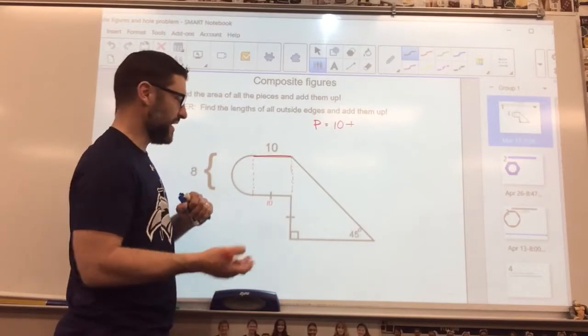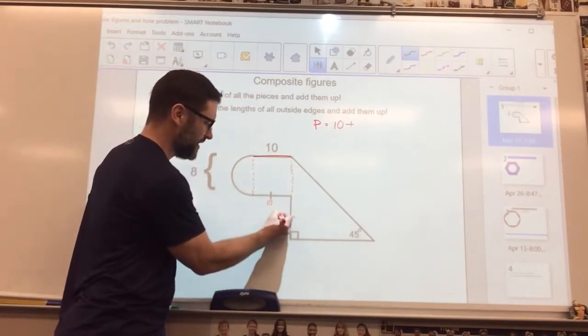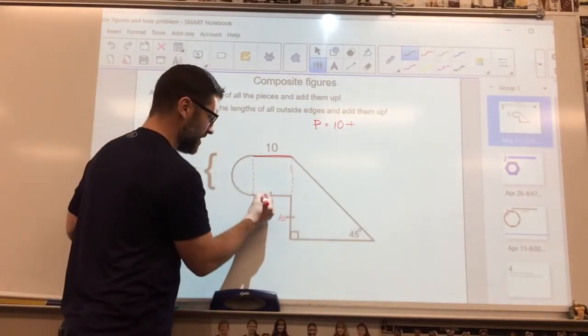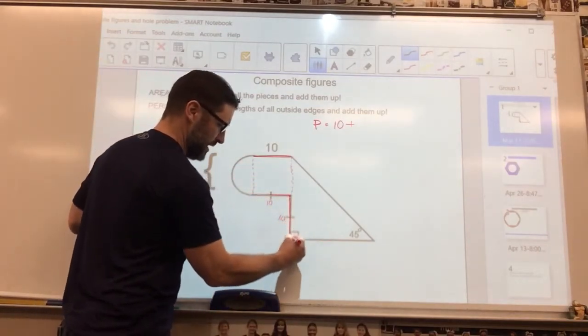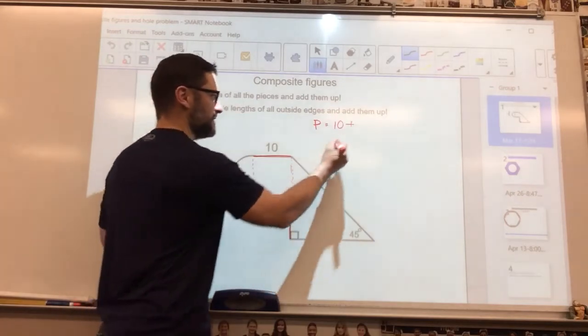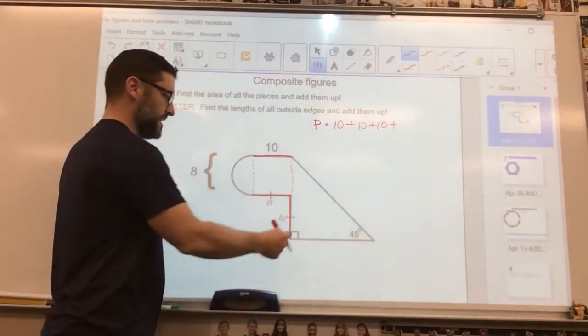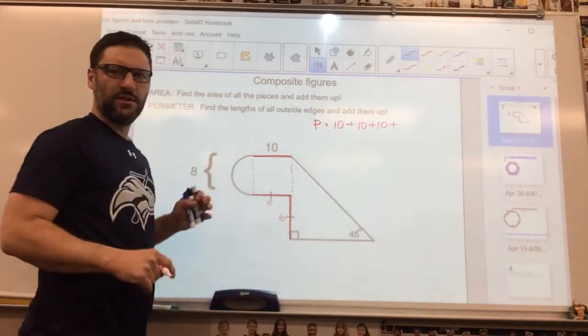I'm going to assume it's a rectangle. It looks very rectangular. Put a 10 there, and I'm going to put a 10 there. So far I have 3 10s. So 10, another 10. And then I need these pieces, which are a little bit tougher.